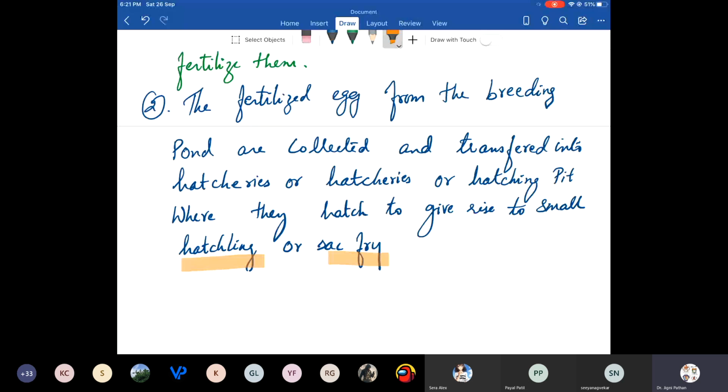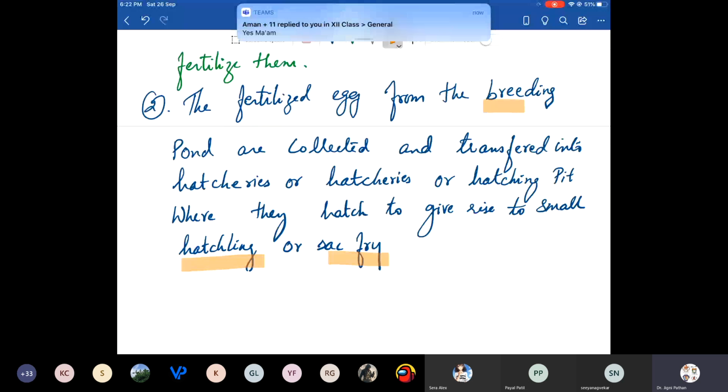They either leave it in the water or they might even inject it into a fish body. Are you understanding? Some show external fertilization and some show internal fertilization, right? So from the breeding ponds they are collected and put in a hatching pit, where they hatch to give rise to small hatchlings or sac fry.